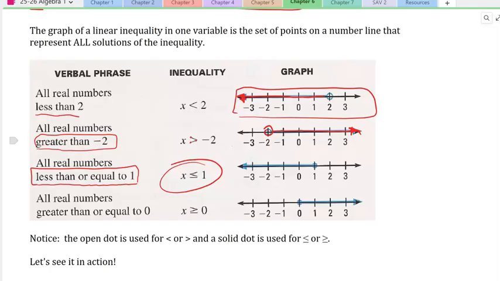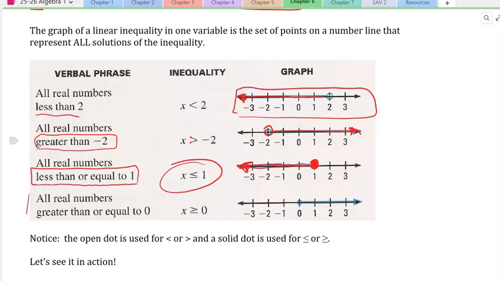Okay, so any number that is less than or equal to 1. So we find 1 on the number line, draw a circle around it, and of course it's everything that is less than 1. Now because it's less than or equal to, that means it also includes 1. So we fill that circle in. That's why the circle is solid. Instead of an open circle, it's a closed solid circle because it includes 1.